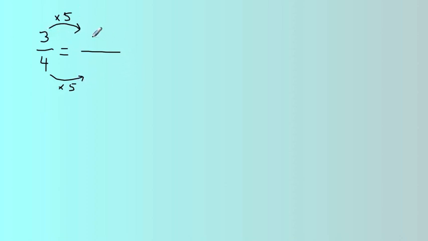3 times 5 equals 15. 4 times 5 equals 20. And now we have equivalent fractions. 3/4 equals 15 over 20 in value. So how do I know that the value is correct?